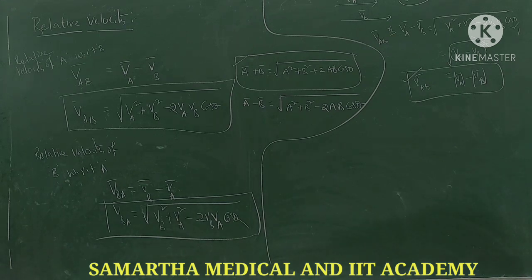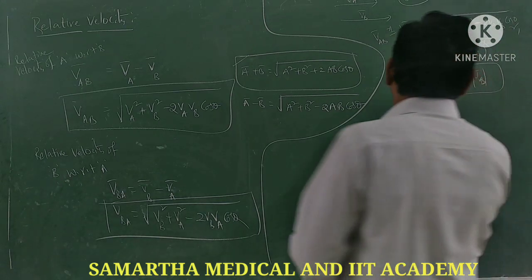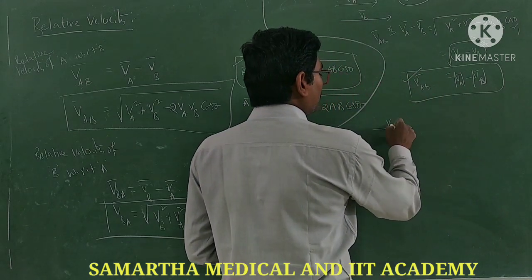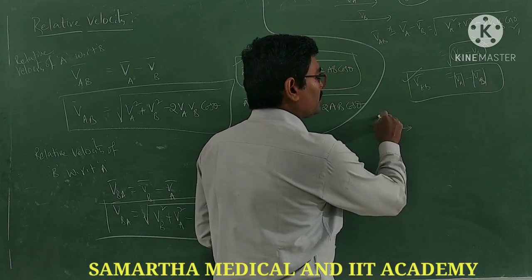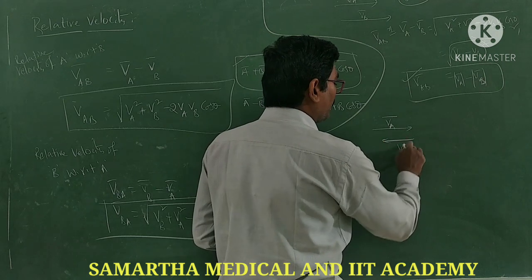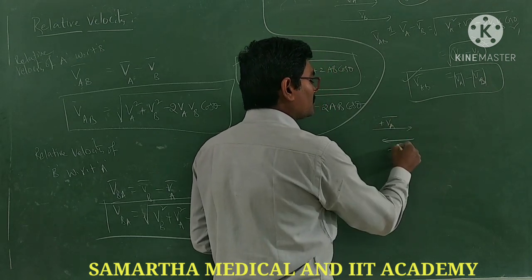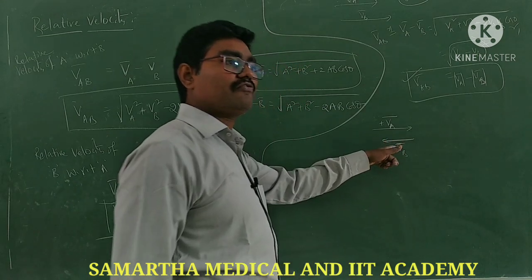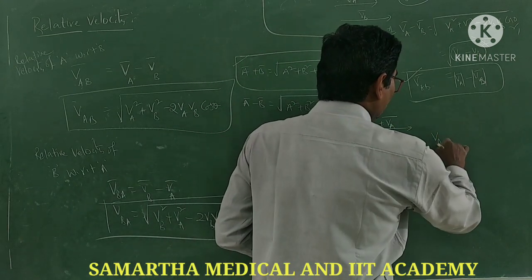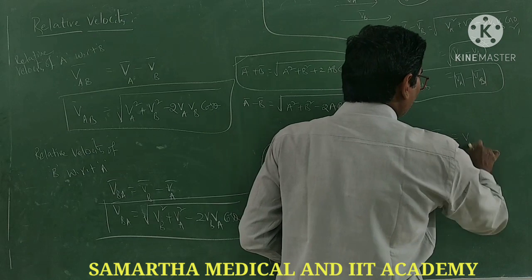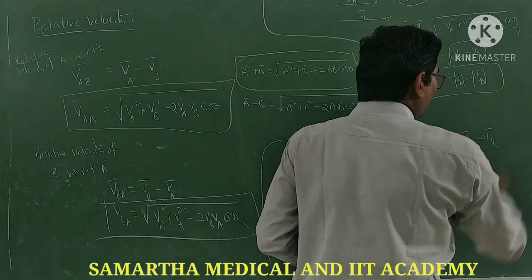Suppose the first body is going in this direction and the second body is coming in the opposite direction. If this is plus VA bar, this is minus VB bar, so the velocity of A with respect to B is VA bar minus VB bar.